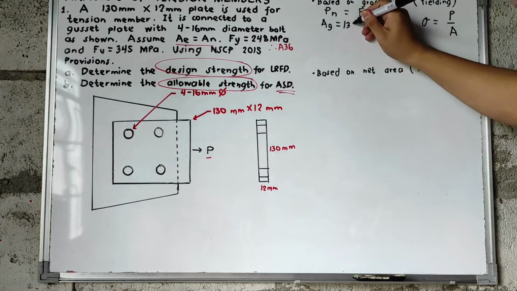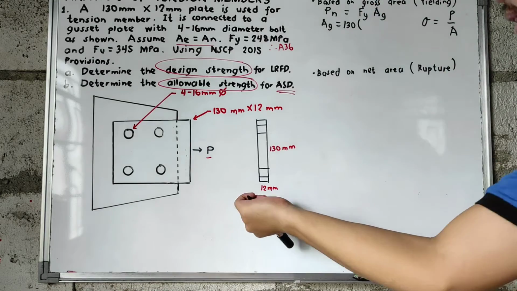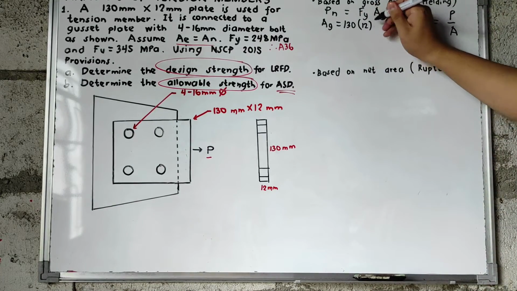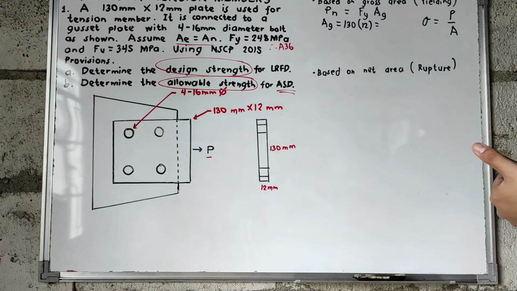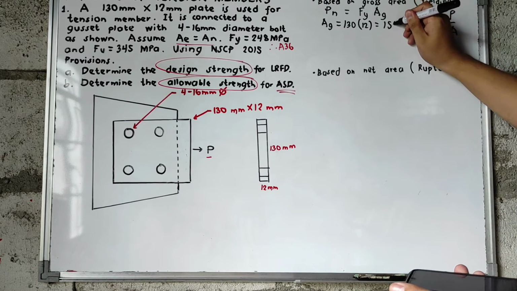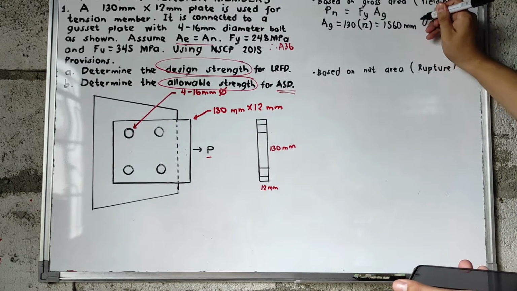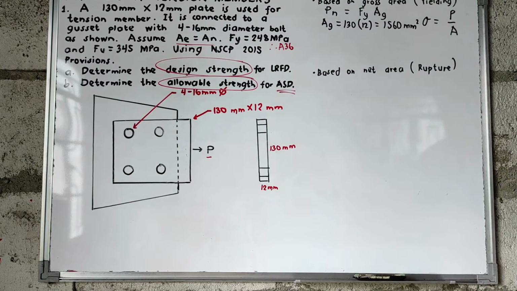So we have 130 multiplied by the thickness of 12, giving a value of 1,560 square millimeter.